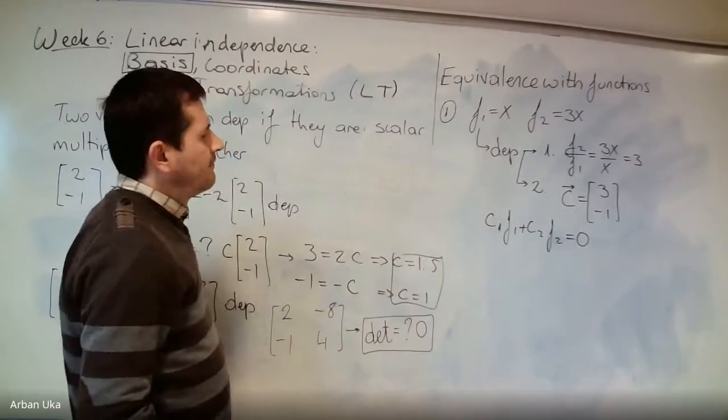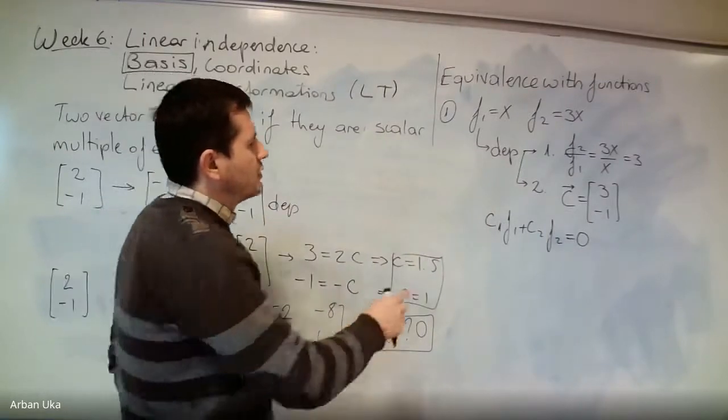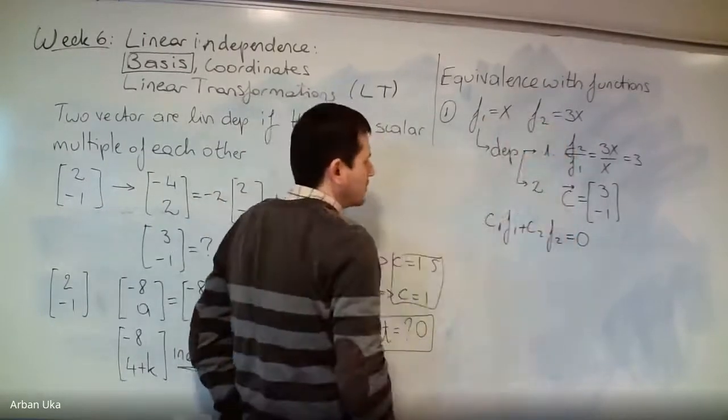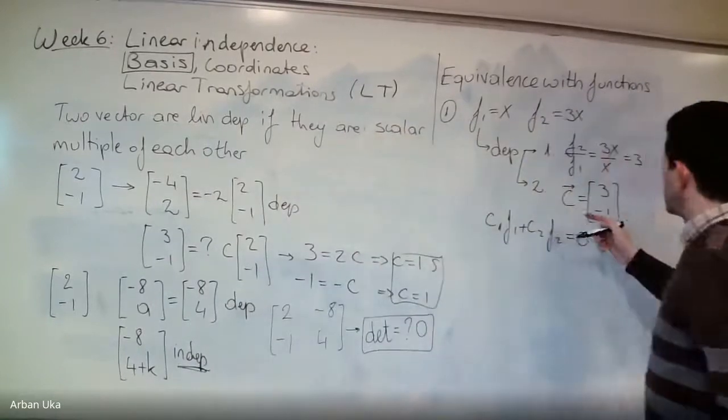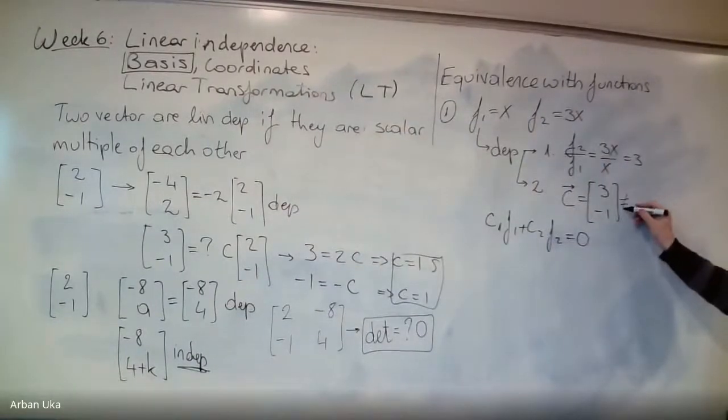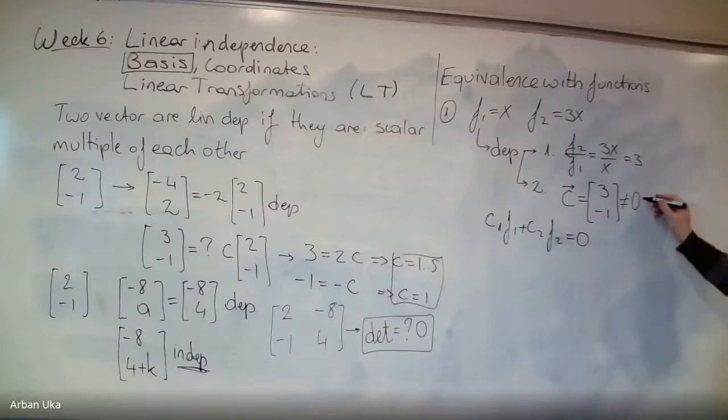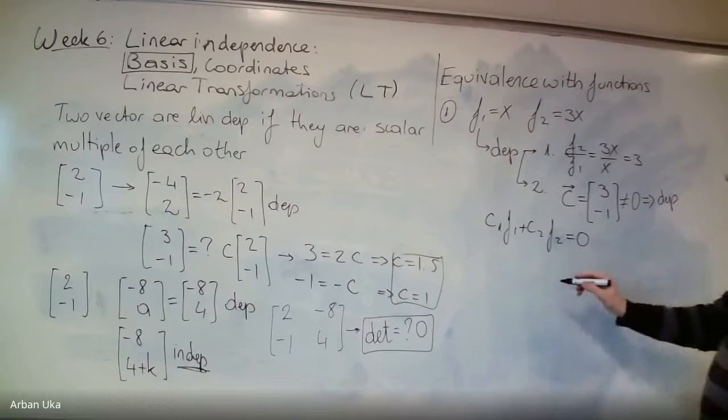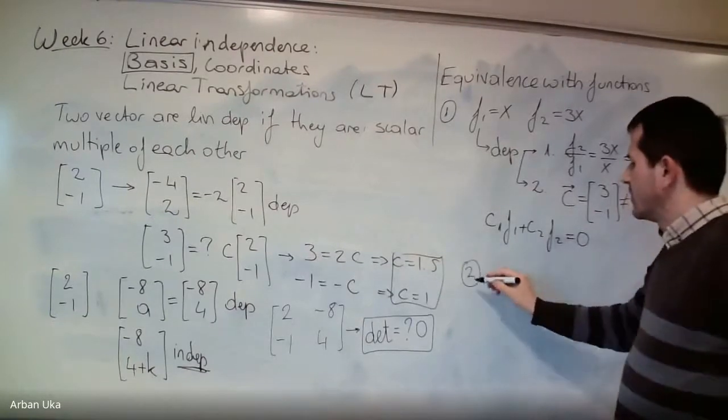I believe this is clear because we do 3x minus 3x, we get 0. And since C is different from 0, we immediately say that these are dependent.